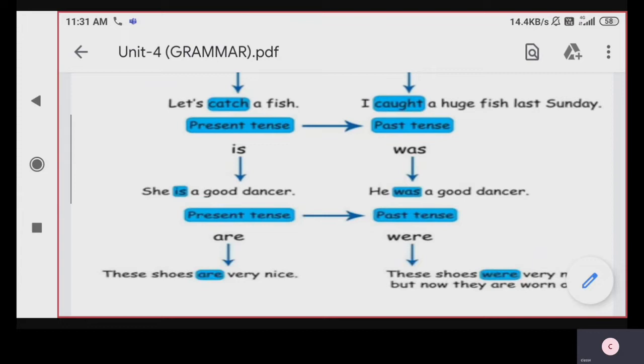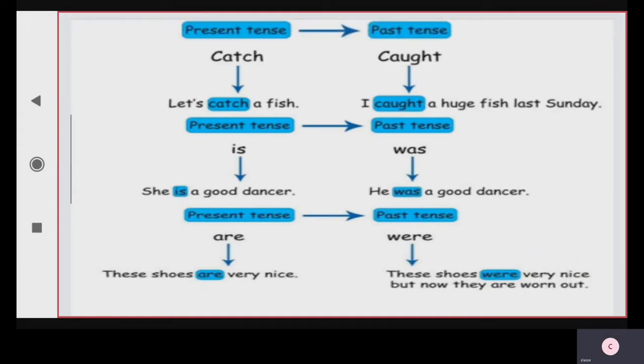Here the verb are is in present tense. These shoes were very nice, but now they are worn out. The verb were is in past tense. So we have different forms of a verb for present and past.